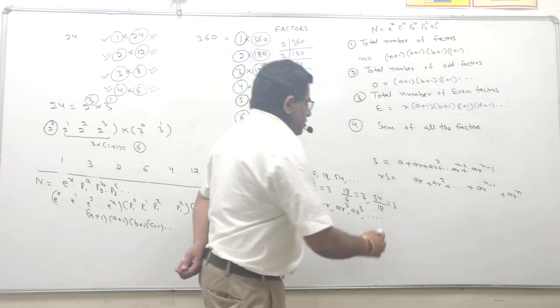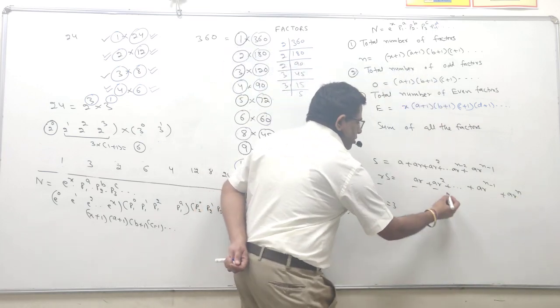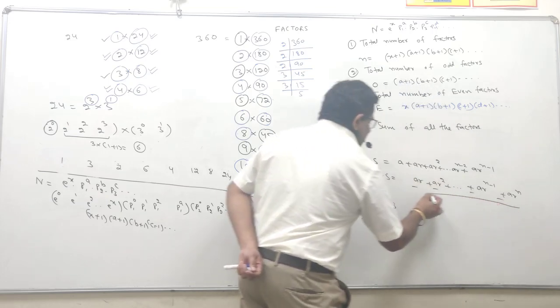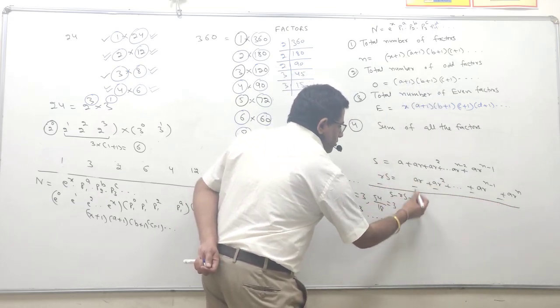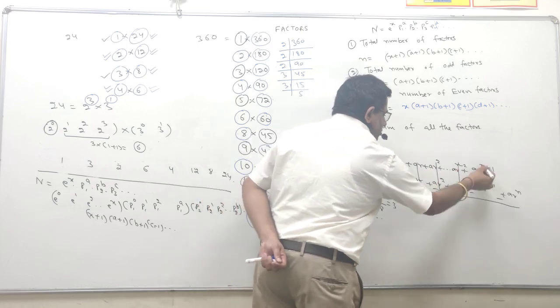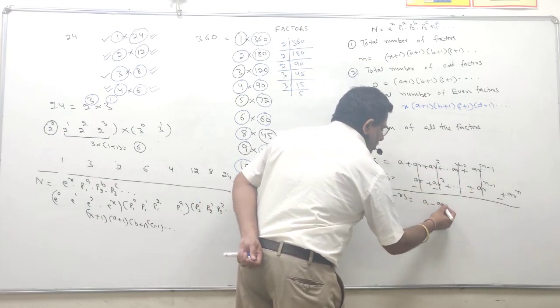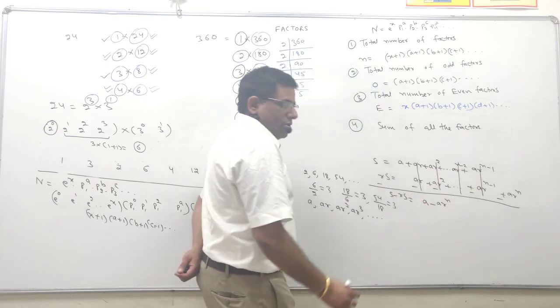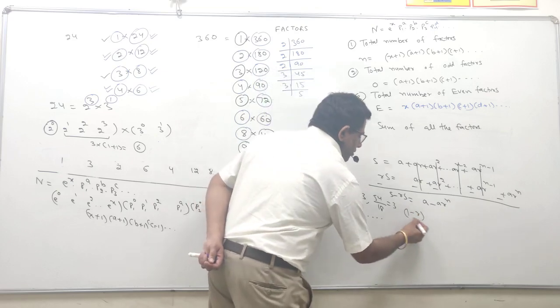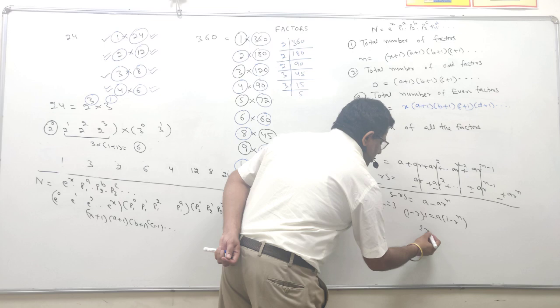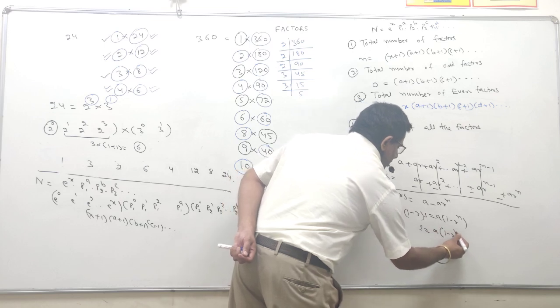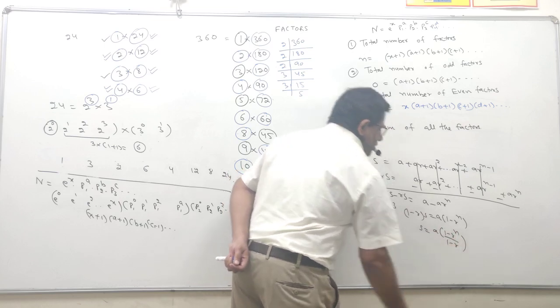So if I am subtracting these two, what I am getting is S minus RS. All these terms are cancelling out. This is A minus A R raised to power n. This is 1 minus R times S, equal to A times 1 minus R raised to power n. So S comes out to be A times 1 minus R raised to power n upon 1 minus R.